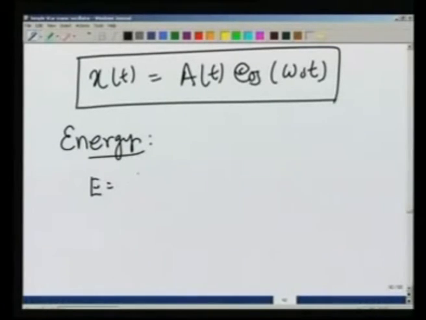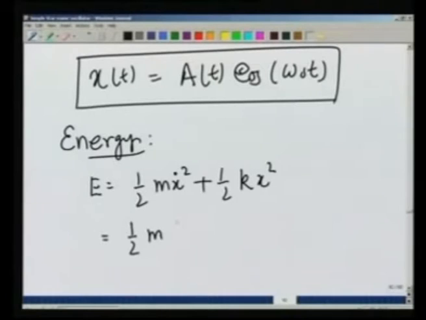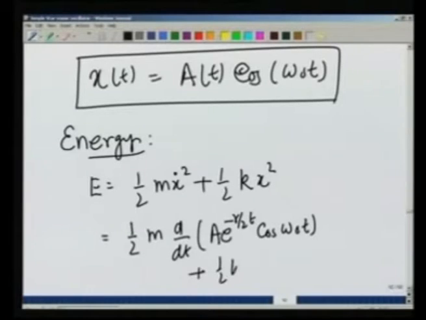Energy E is 1/2 m x dot square plus 1/2 k x square. In this case, I can roughly write this as 1/2 m d/dt of a e raised to minus gamma over 2 t cosine omega 0 t, plus 1/2 k a e raised to minus gamma over 2 t cosine of omega 0 t square.